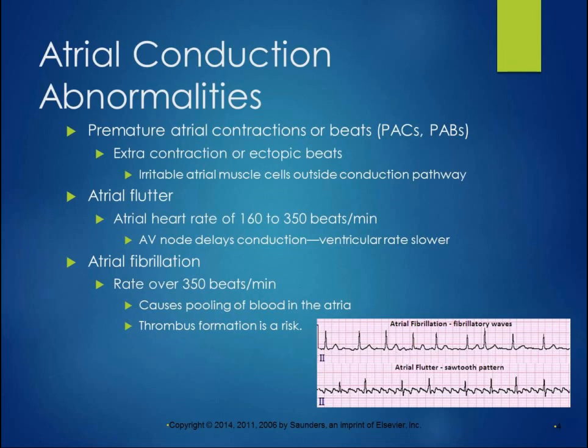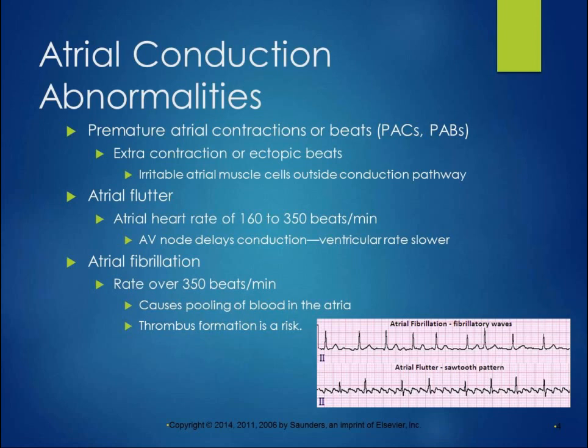So with atrial abnormalities, you can get premature atrial contractions or premature atrial beats, where there are extra contractions, and the atrial muscle is described as irritable because there are cells that are not contracting in time with the regular conduction of the heart.